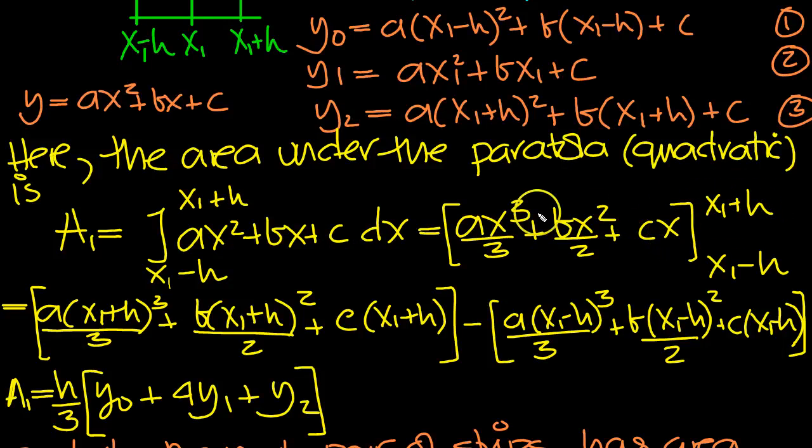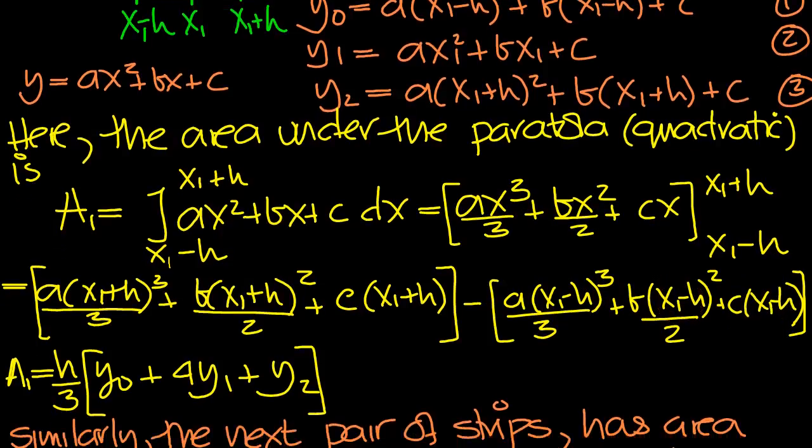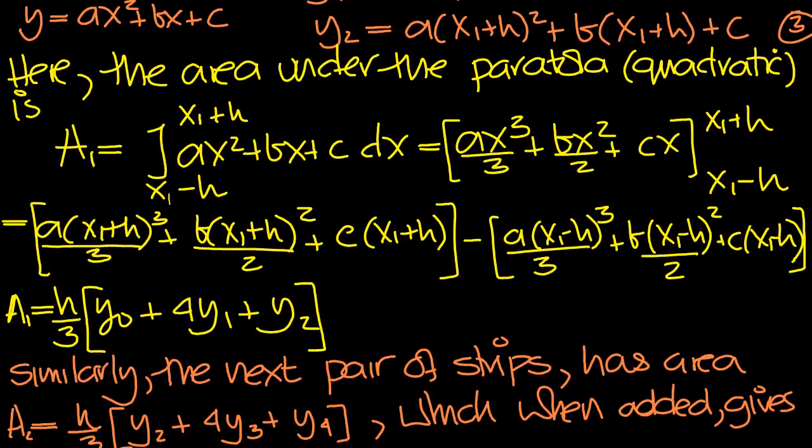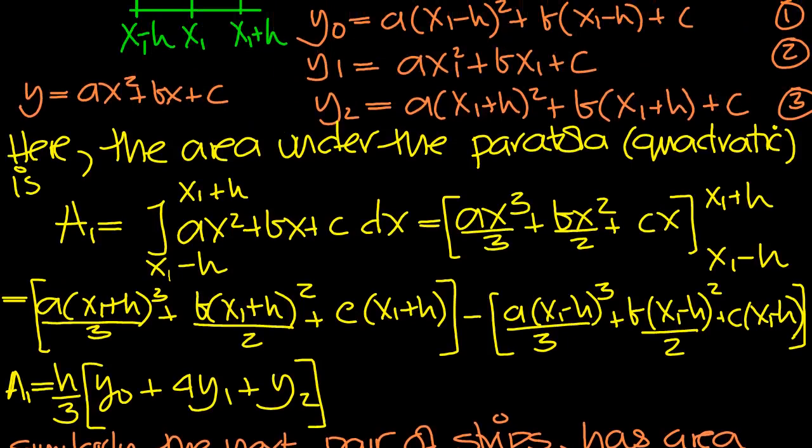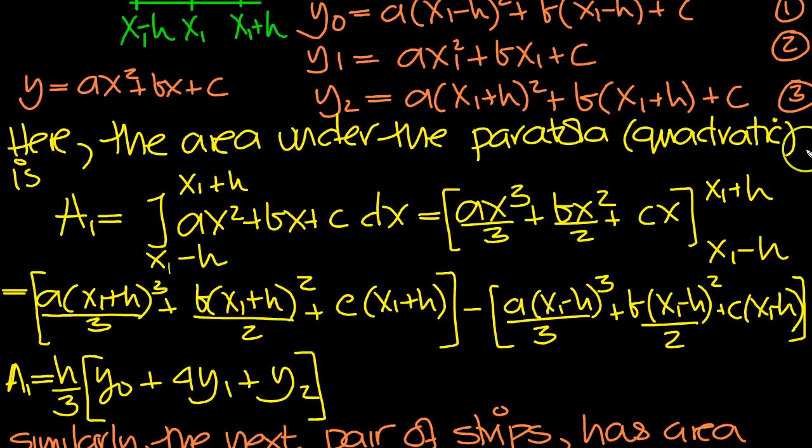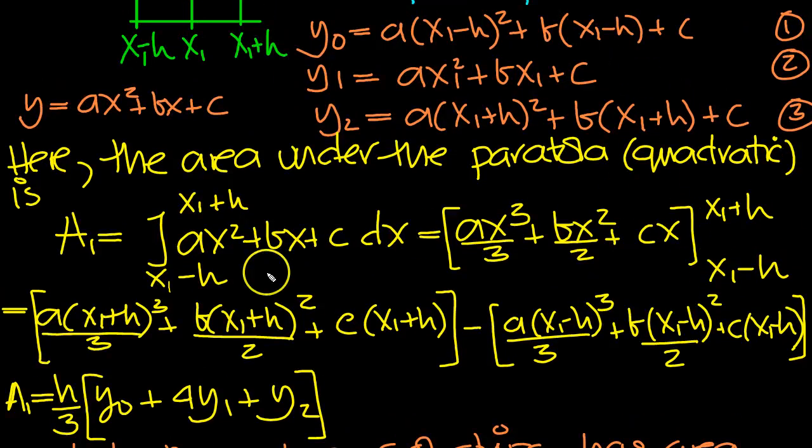Then input x1 plus h in the x values, here, here, and here. Take away the lower value, and then you just put in the x1 minus h's in these input values here, here, and here. So then we claim, and I'm going to show you how we get this, using that formula, that this area just simplifies to h over 3 (y0 plus 4y1 plus y2).